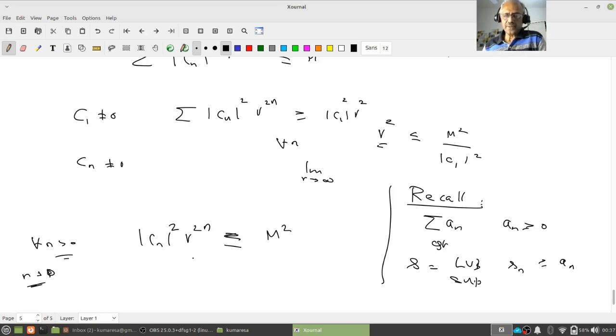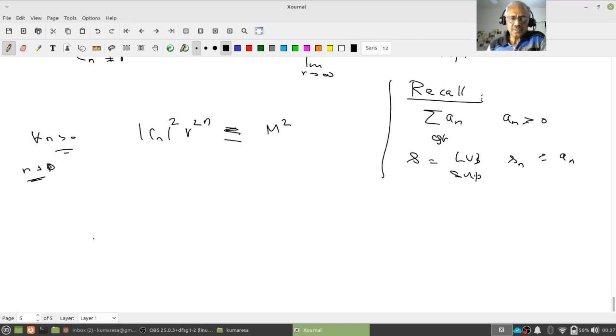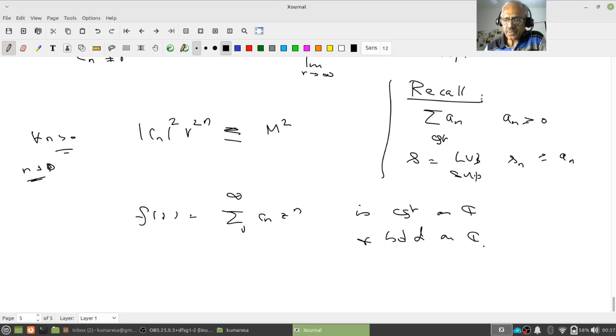Yeah? Therefore, what is the conclusion? The conclusion is, if f of z equals the sum of Cn z to the power n, n from 0 to infinity, is convergent on C and bounded on C, then it is a constant, namely C0, which is of course f of 0.